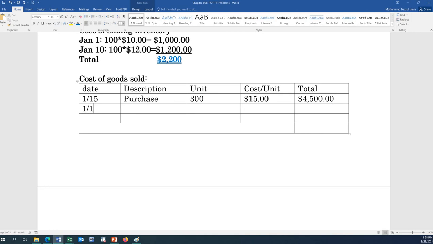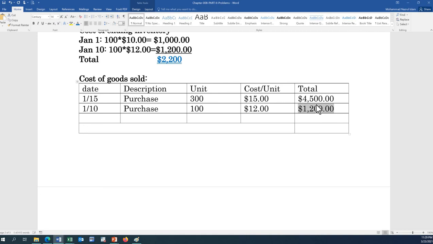and then another 100 units from the January 10 purchase. The cost was $12 per unit, so how much is it going to be? 1,200.